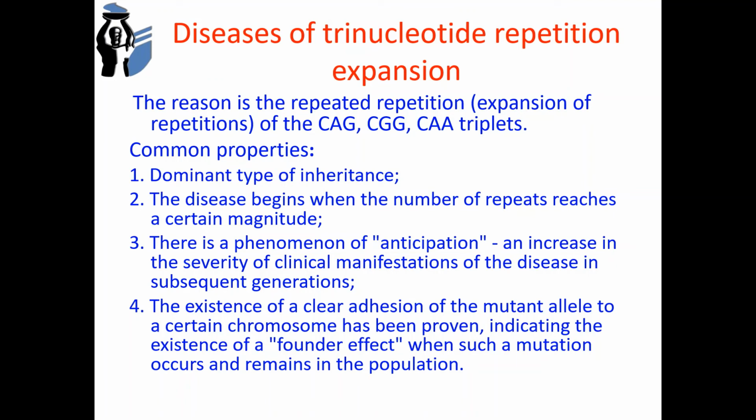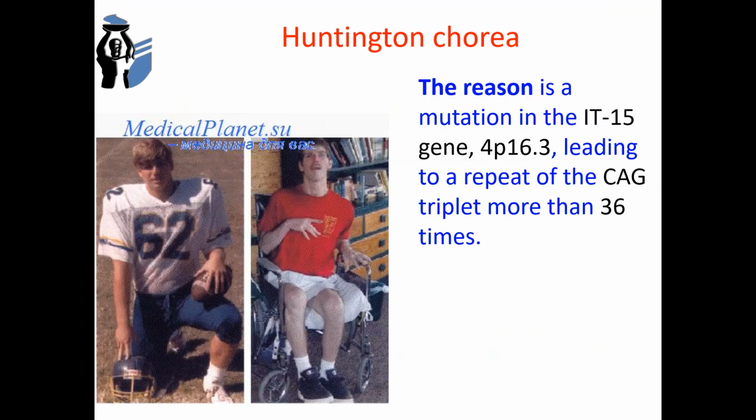For example, Huntington's chorea. The reason is a mutation in the IT15 gene, leading to a repeat of the CAG triplet more than 36 times.